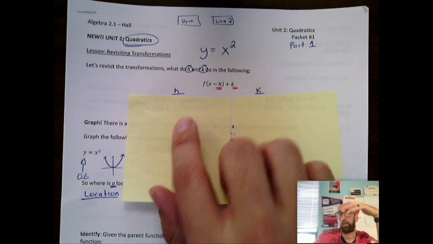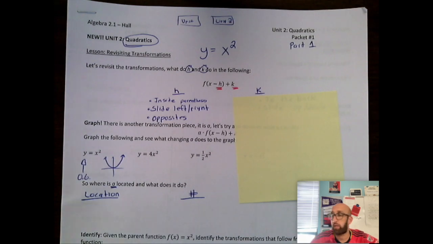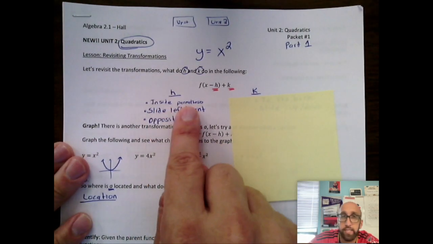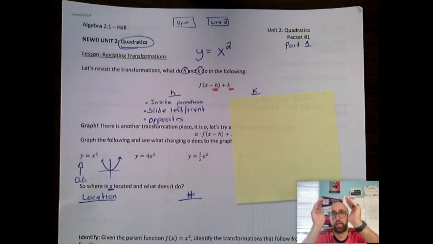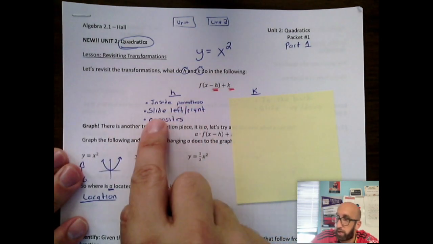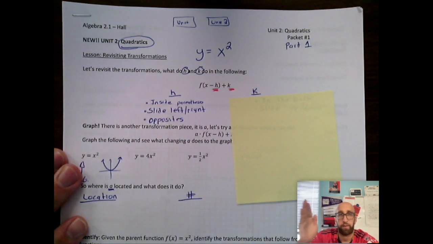Okay, so h, things we know about h is, first off, its location is always inside parentheses. It is located inside a parentheses. Some sort of grouping symbol is where h is located. H is going to be a transformation that's going to slide the graph left and right. It's going to move things left and right.